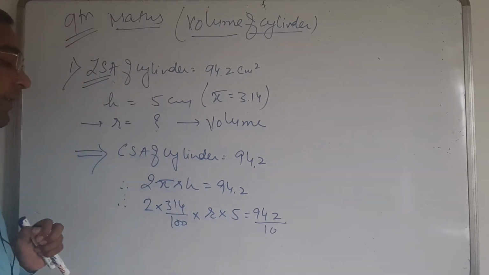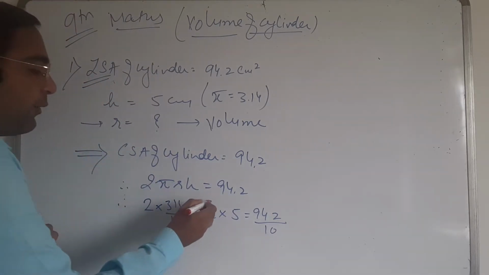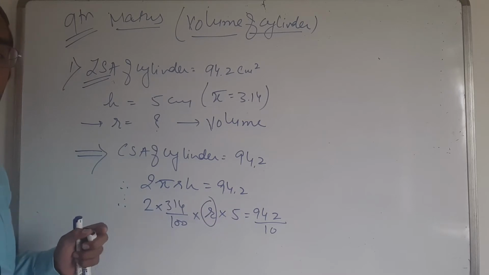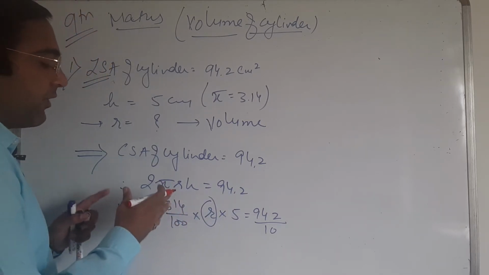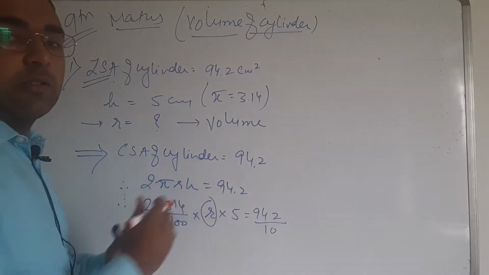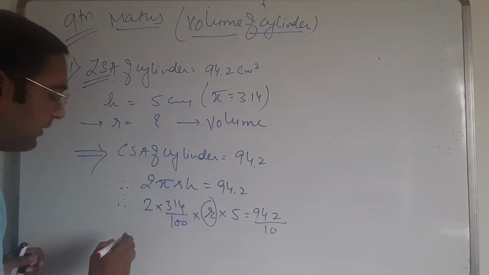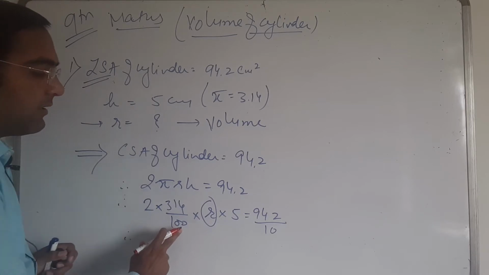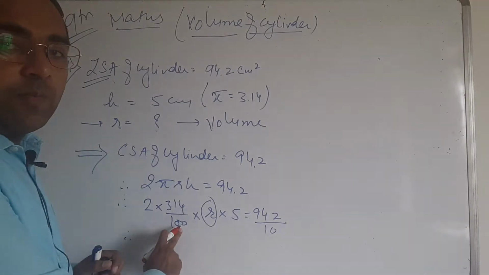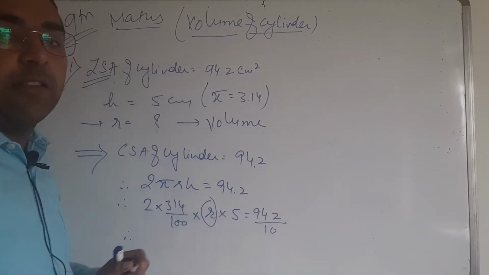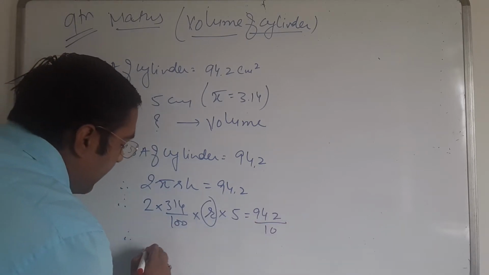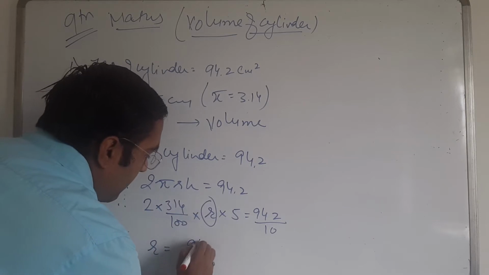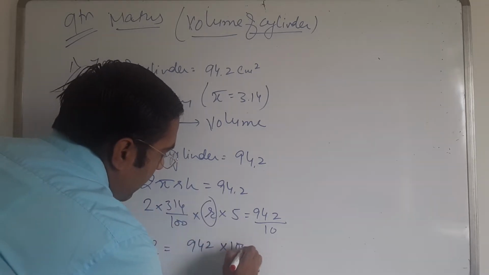Now I have to find the radius of the cylinder. For that we move the remaining numbers to the second side. 100 is in division, so I'll shift it to the second side, multiplying with 942. So my radius is equal to 942 into 100.